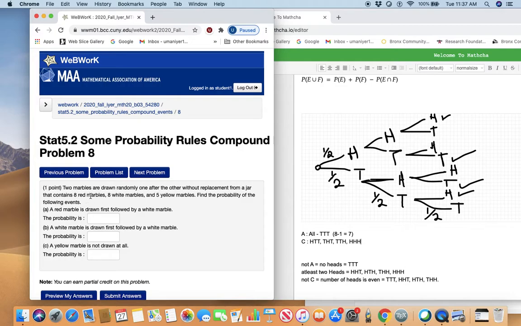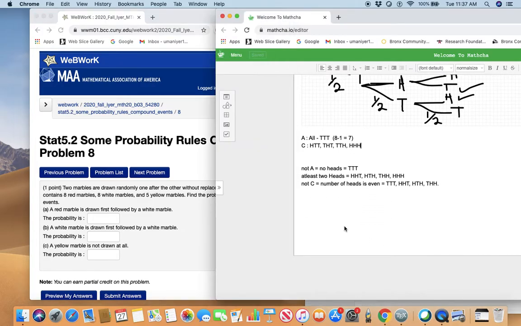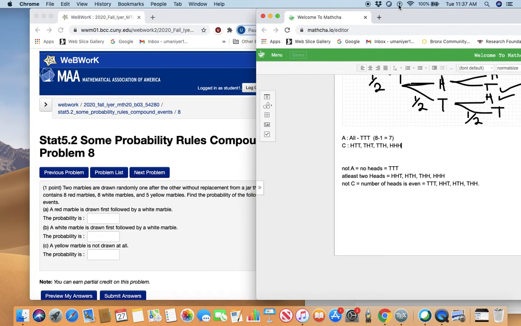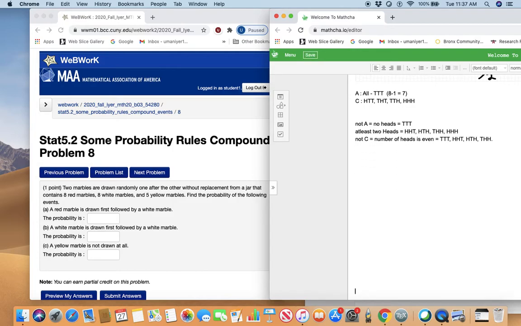Okay. 2 marbles are drawn randomly, one after another, without replacement from a jar. This also will require a picture. 8 red marbles, 8 white marbles, 5 yellow marbles. So let's draw a picture for this.